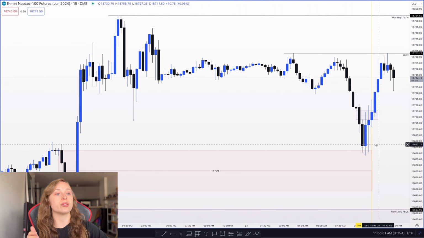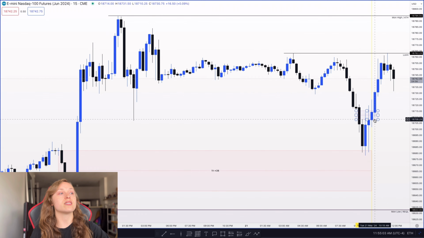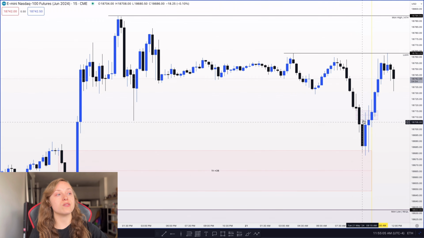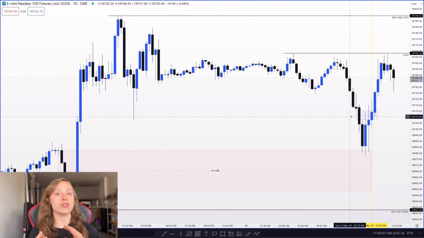Essentially, I could have just looked at the 1 hour order block and decided to not watch this 15-minute fair value gap. Instead, use it more as a confirmation, like, hey, we do see that this is going to be a little bit of a stop for the market. We're going to be trading inside this range, but we didn't have to use it this morning.